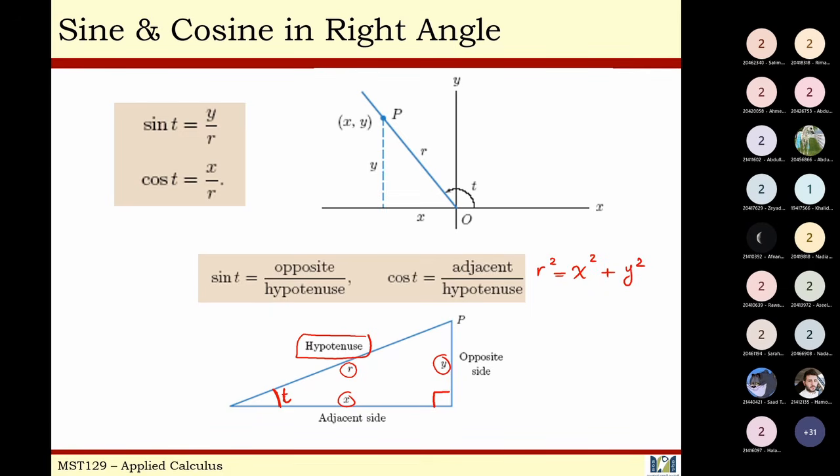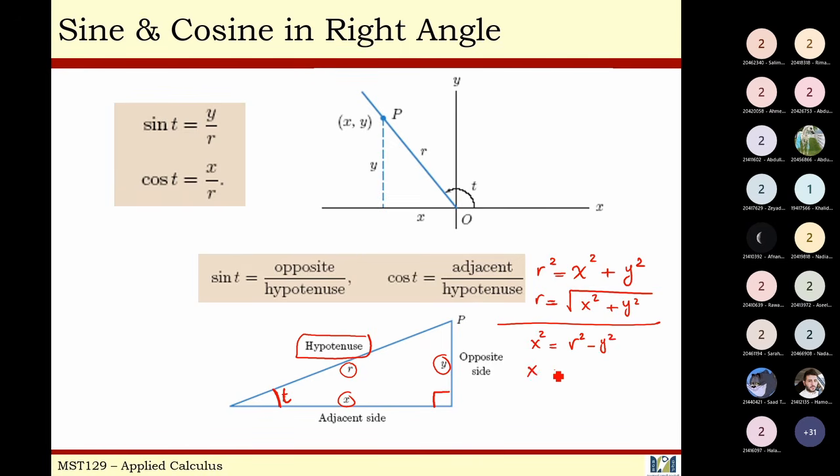So if we have two sides, we can find the third side. Okay? R equals radical X square plus Y square. So if we have X and Y, we can find the hypotenuse. Also, if we have the hypotenuse and opposite Y, we can find the value of X, because X square equals R square minus Y square.